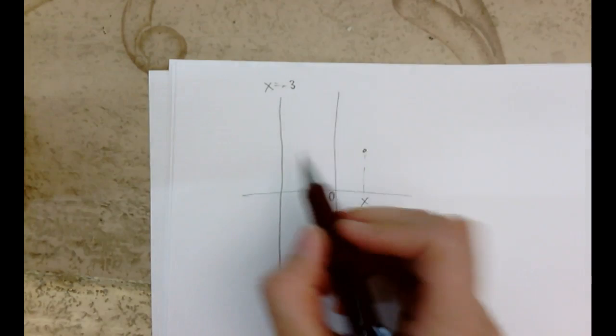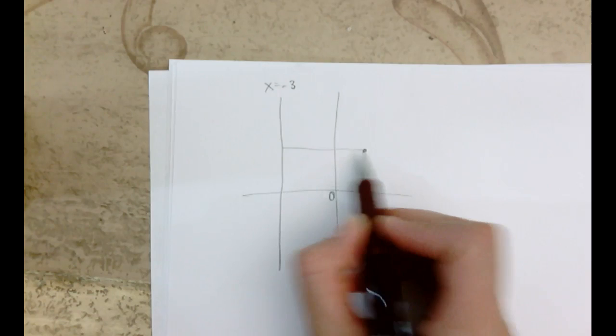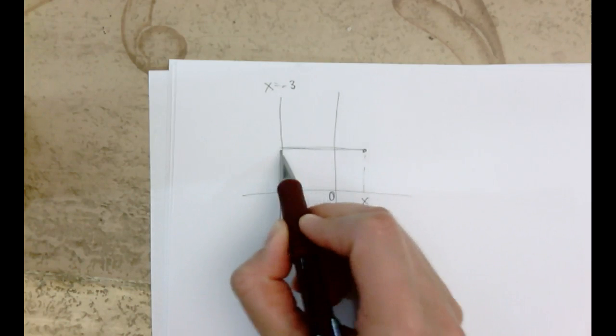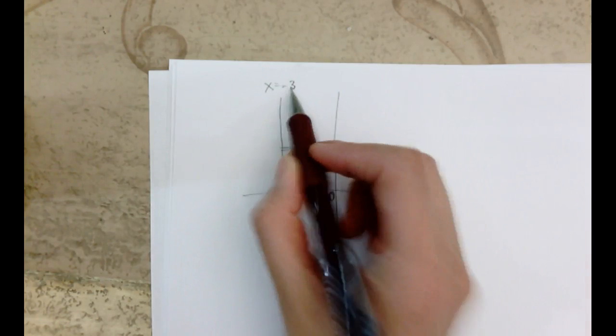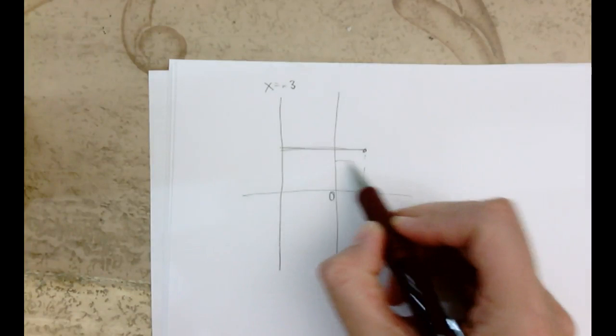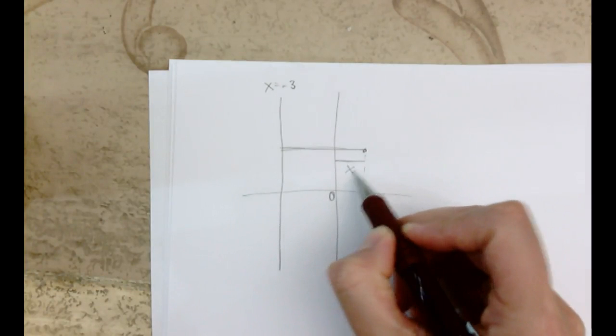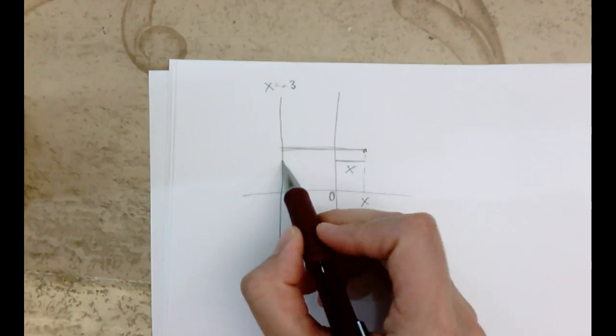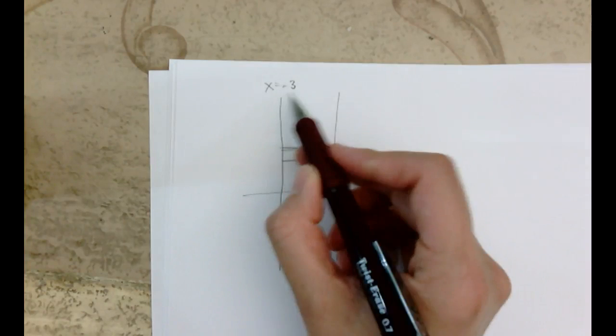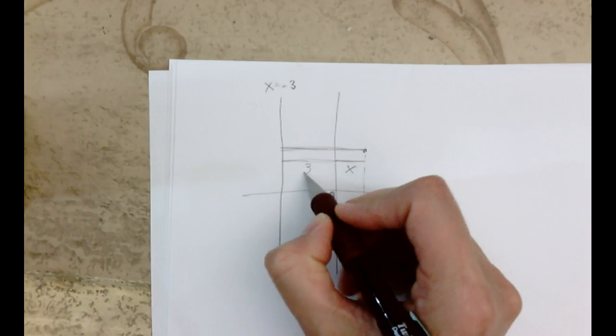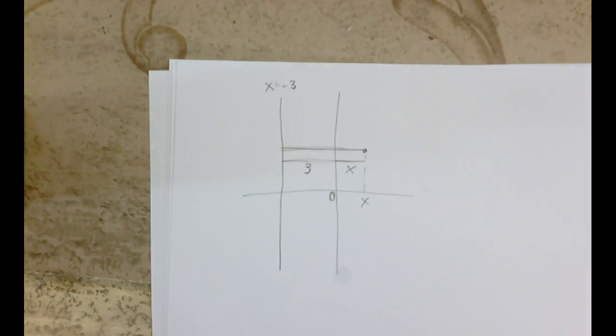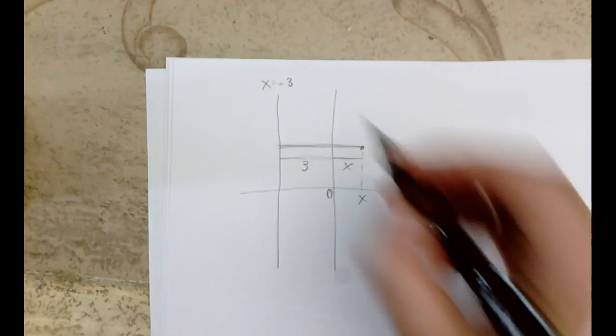So this distance you want to express in terms of x and negative 3. This right here is x, and because this is negative 3, the distance should be 3. So this whole thing is x plus 3.